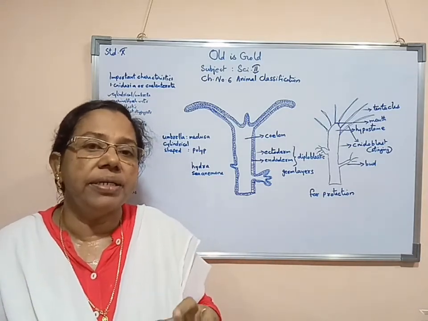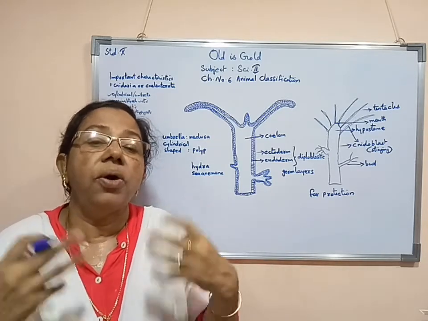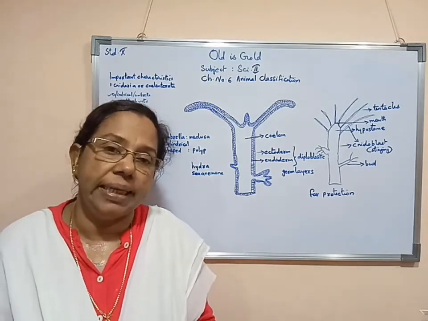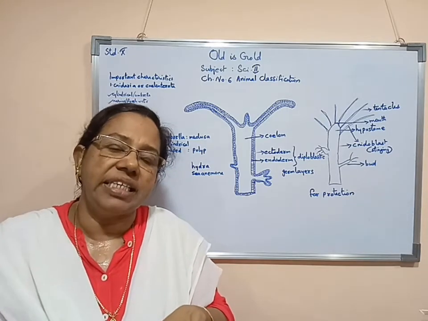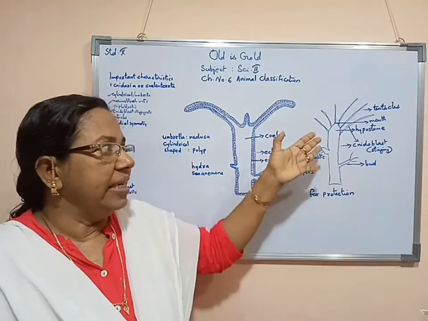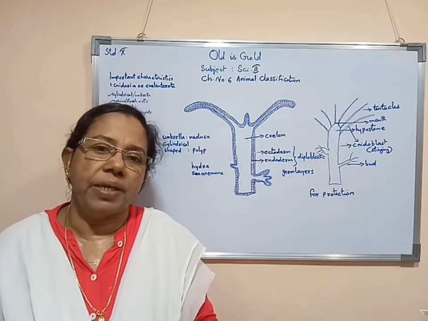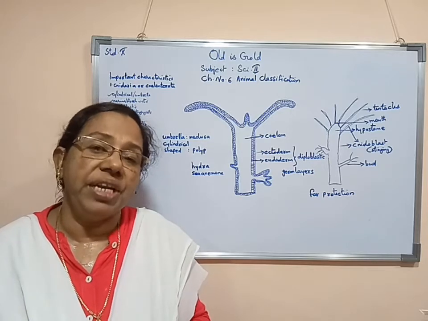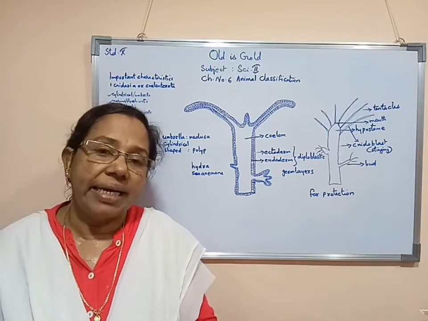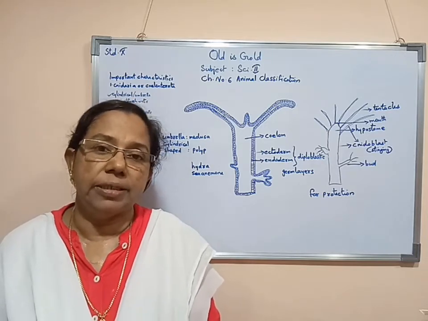As a result, the enemies cannot see them. Then the enemies will escape, or the cnidaria will escape from that place. In such a way, with the help of cnidoblasts, cnidaria get protection from their enemies.